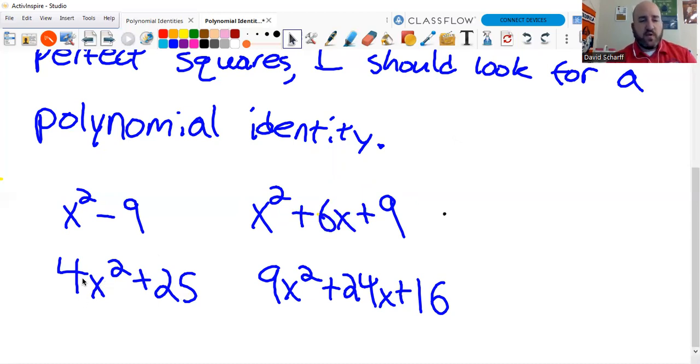So 4x squared is still a perfect square. It would be, there's my pen. It's not the one I normally use. Dang, it's not going to let me use my little pad, so I guess I'm just going to have to draw with my finger.